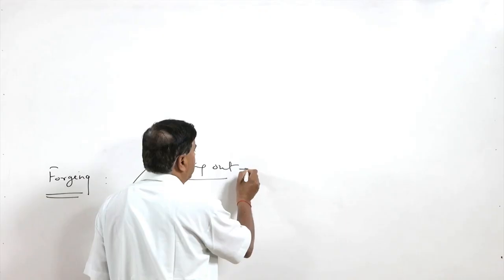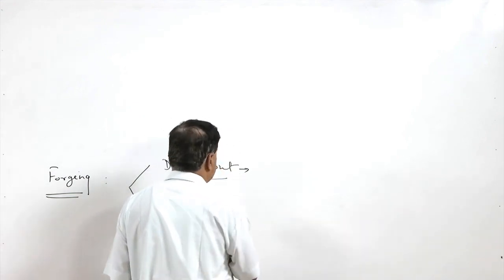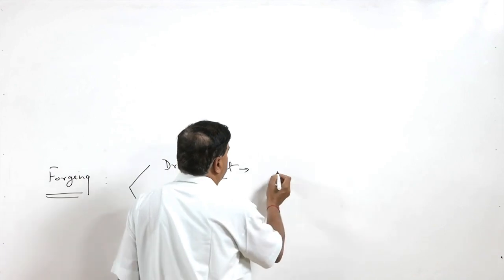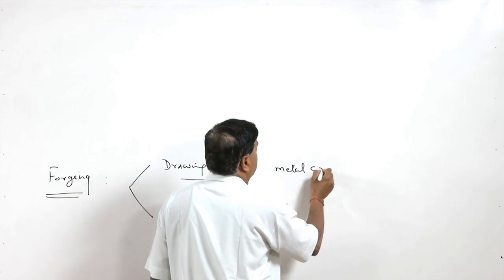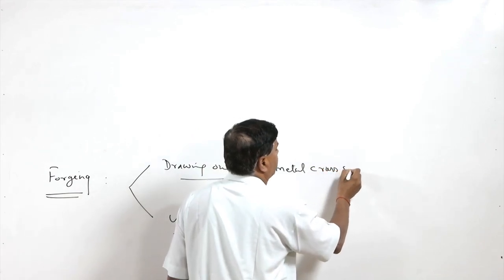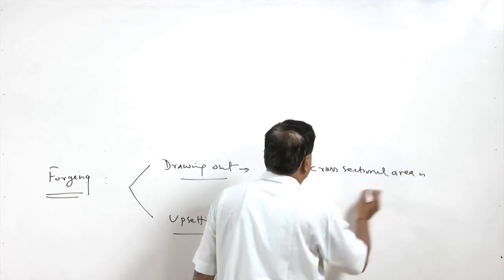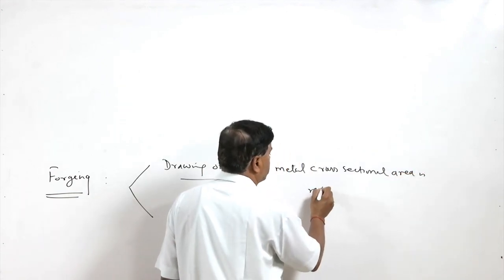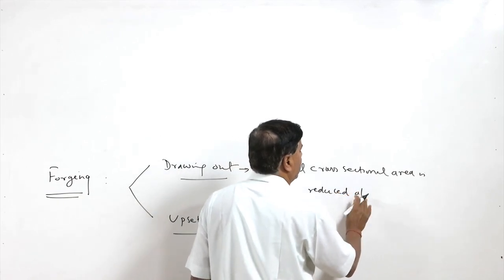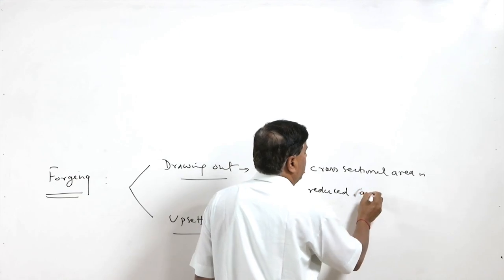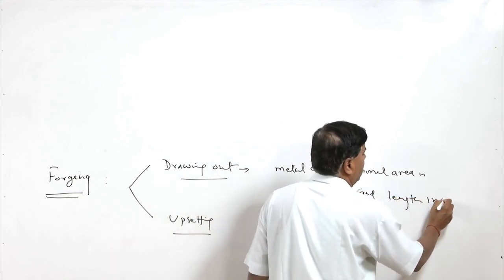In case of the drawing out process of forging, basically the metal's cross sectional area is reduced and the length increases.